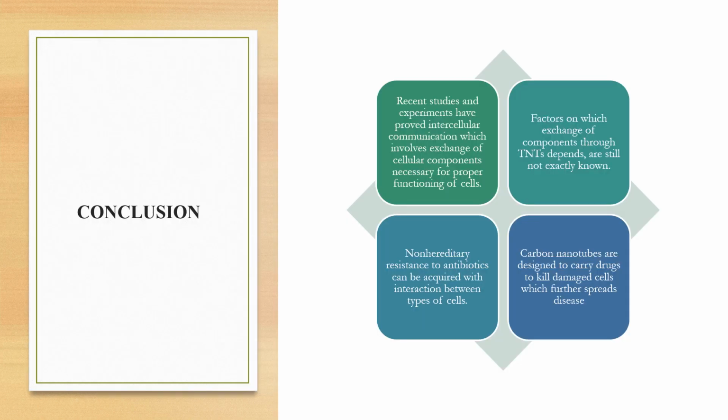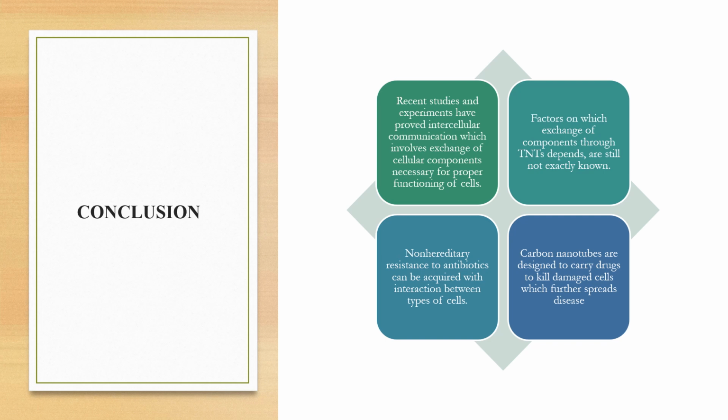So now let's move to the conclusion. Recent studies and experiments prove that intercellular communication involves the transfer of cellular components from one cell to another, and non-hereditary resistance to antibiotics is also acquired in many cells.